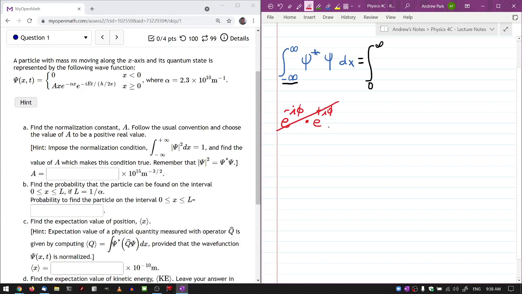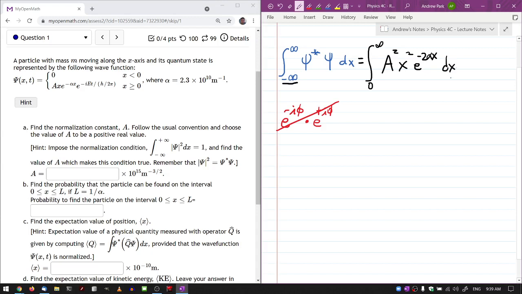So this complex conjugate times the function itself is going to end up being the real part squared: a squared, x squared, e to the minus alpha x squared becomes e to the minus 2 alpha x, and the complex phase factor is just going to cancel out, so I won't bother writing it down.